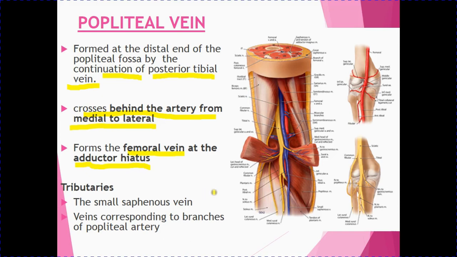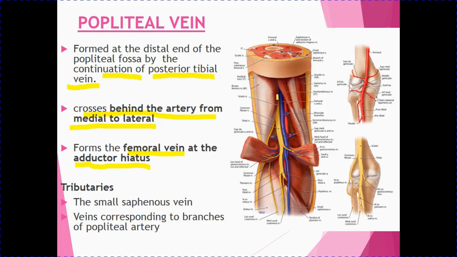It runs in the popliteal fossa. It crosses the popliteal artery from medial to lateral. It then runs upward and continues as the femoral vein and enters into the adductor canal.